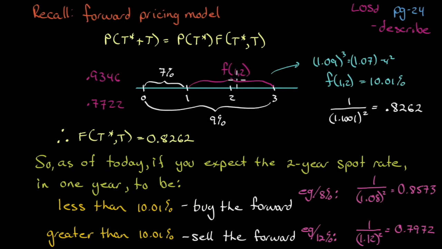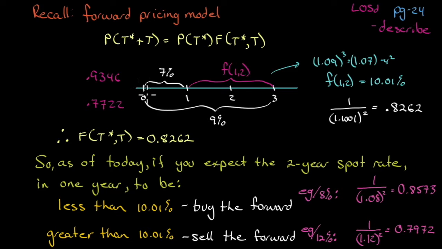So our discount factor for this, if we were going to enter into this forward contract today, we'd be locking in a price of 0.8262. What we're really doing here is saying it puts us at an indifference point.